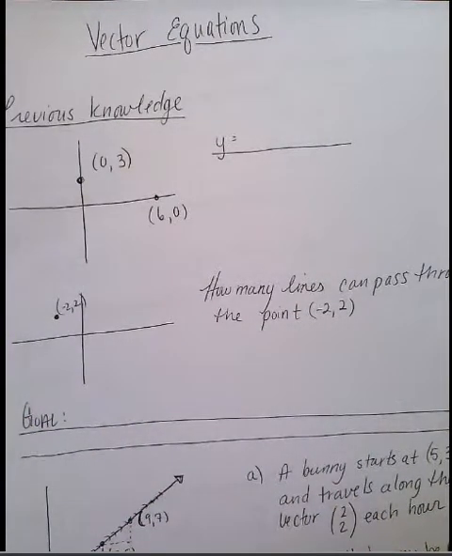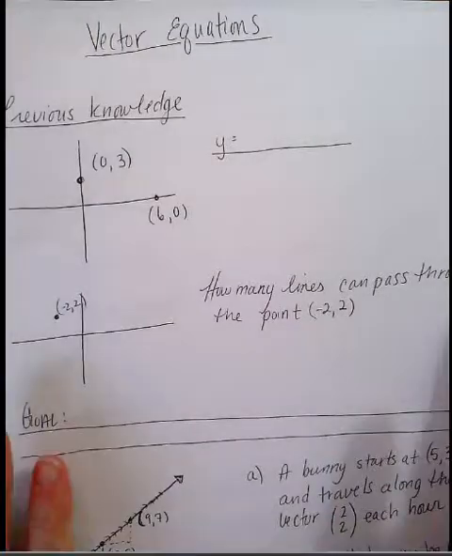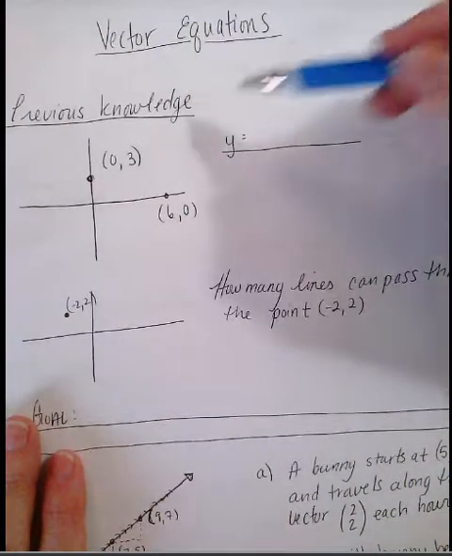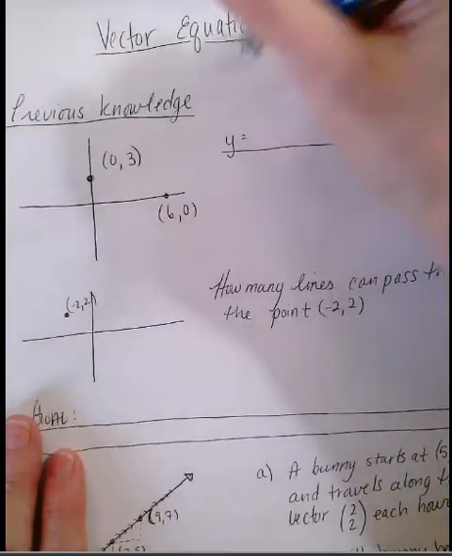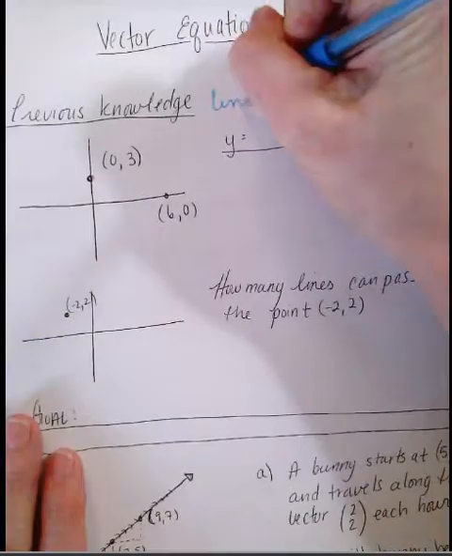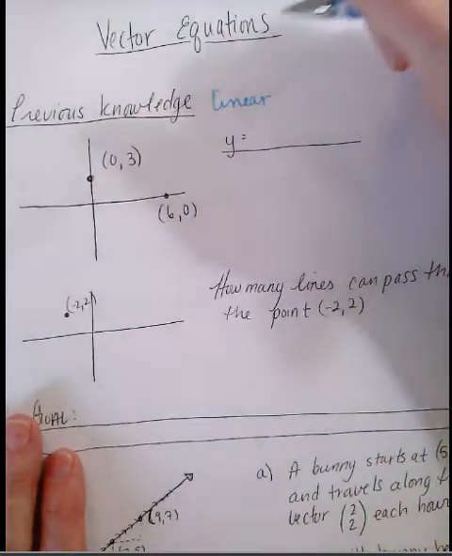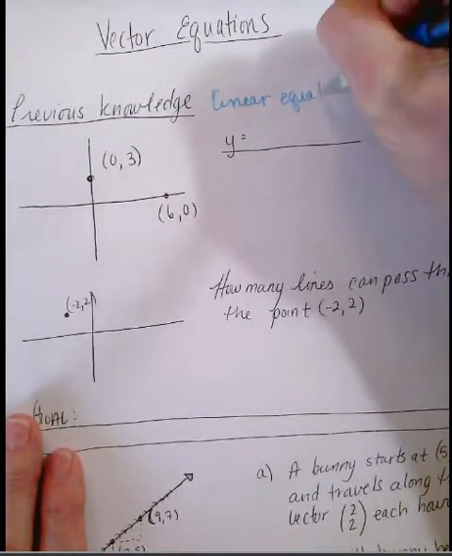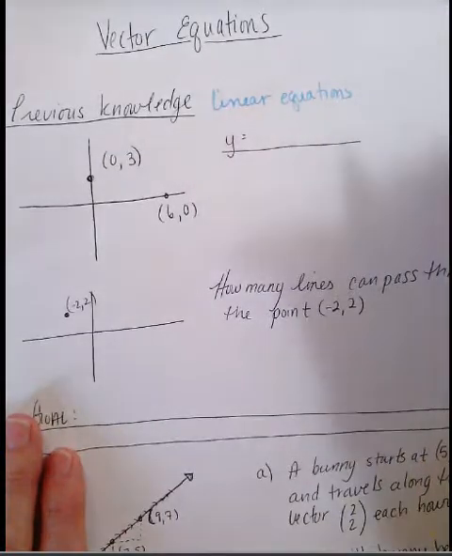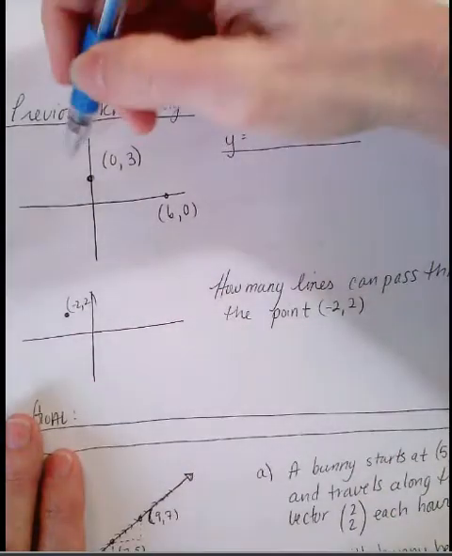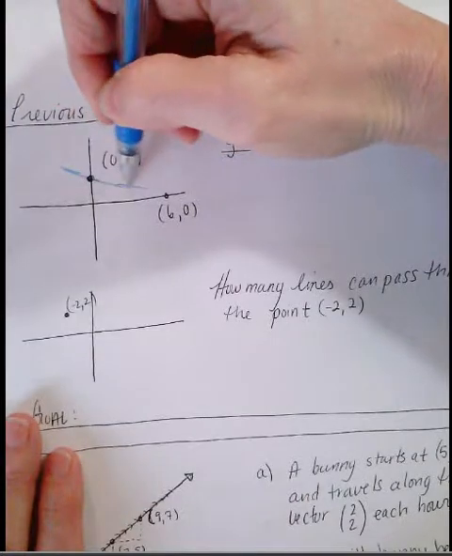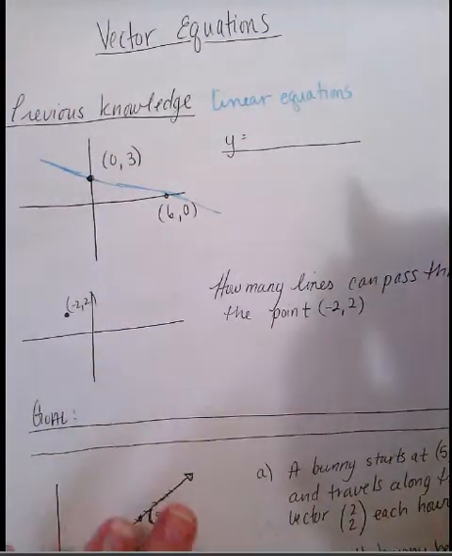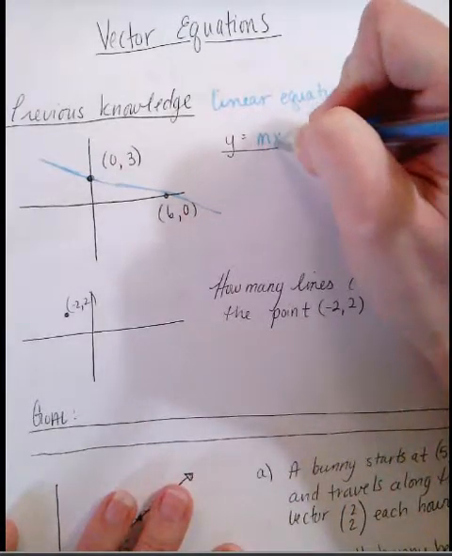So today we're going to be talking about vector equations, and one of the things we want to ground in here is our previous knowledge. When we think about vector equations, we want to think about linear equations, because they tend to be very similar. If I had the line passing through these 2 points, we would need a y equals mx plus b equation.